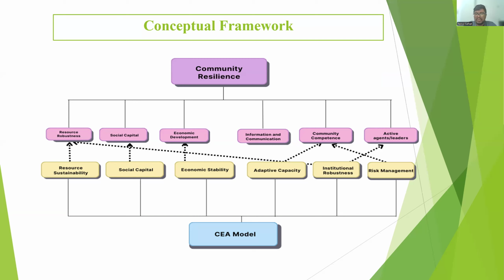Risk management is increasing community competency. These are the basic things. Later, with our empirical work, we try to understand how this conceptual framework is supported by the data, using community resilience scoring.